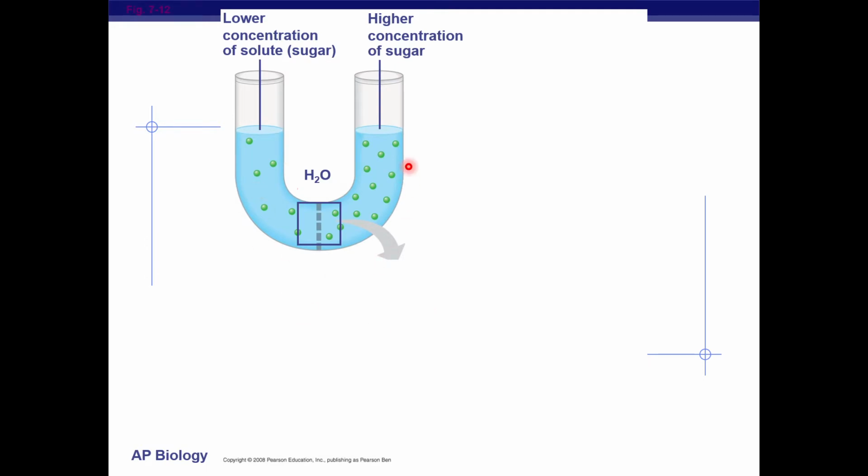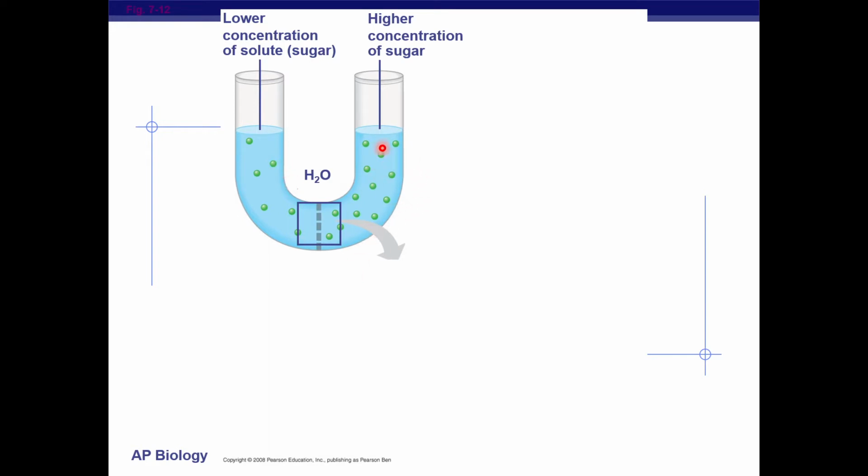If we look at this a little more closely, this side doesn't have a whole lot of these little green dots, so there's not a whole lot of solute concentration. Water is the solvent. Sugar is the solute in this example to make the solution.